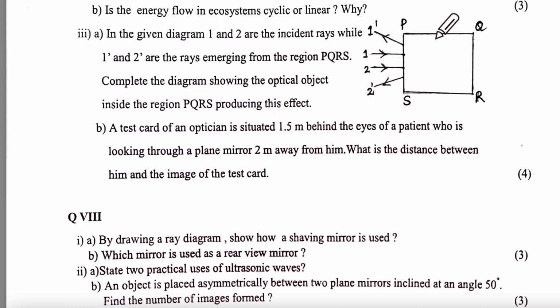Now tell me what is happening over here. Never mind if it is concave or convex mirror, it is going this way, and you see it is coming this way. Can you see that?